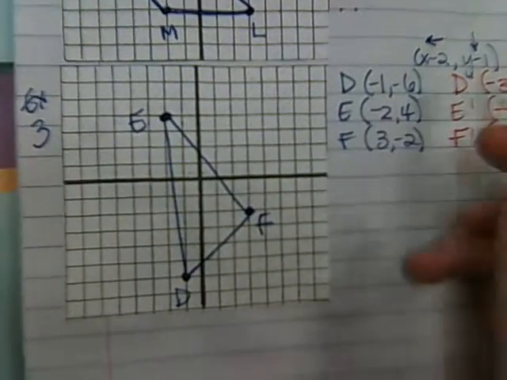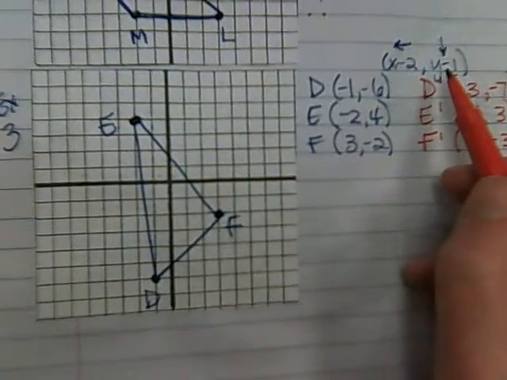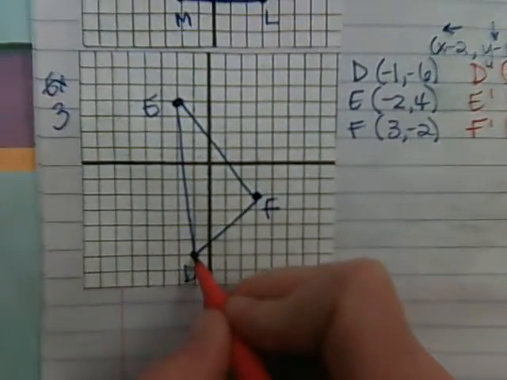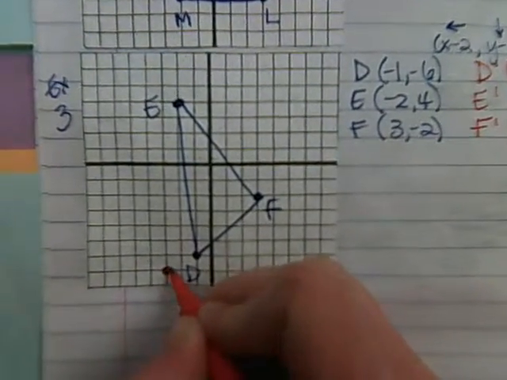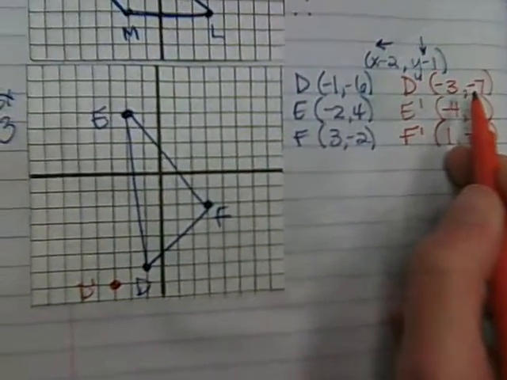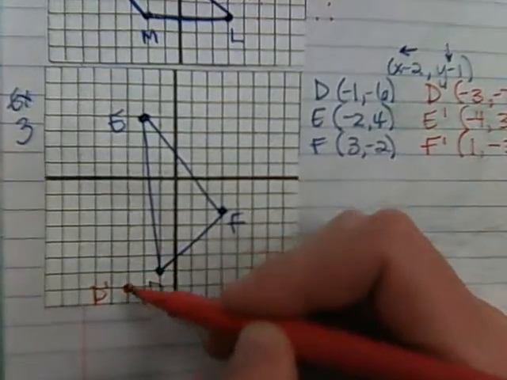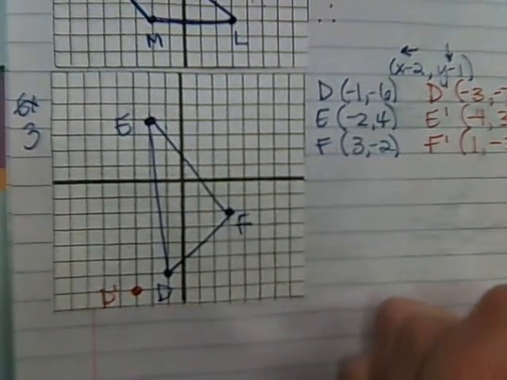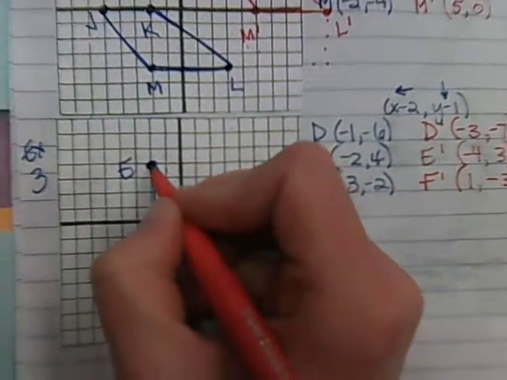All right, now let's apply our translation. So we are supposed to move left 2 and down 1. So here's D. I'm supposed to move left 2, down 1. Supposed to end at -3, -7, which I do. Okay, now let's go to E. Left 2, down 1.